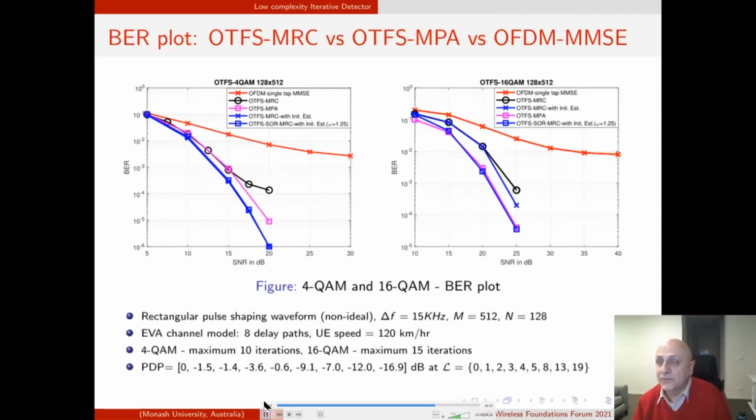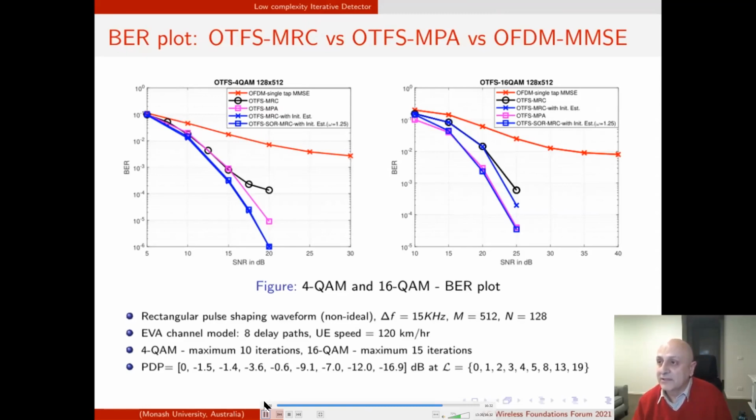Here we compare the performance of OTFS versus OFDM in the presence of a multipath channel modeled by the EVA channel model, where we have 8 delay paths and a user equivalent speed spread of up to 120 kilometers per hour. You can see that the different modulations, 4 QAM and 16 QAM, show the improvements of OTFS versus OFDM.